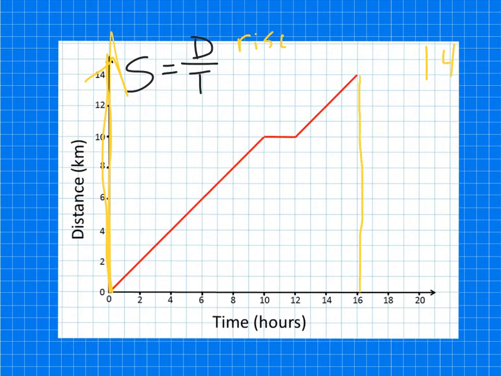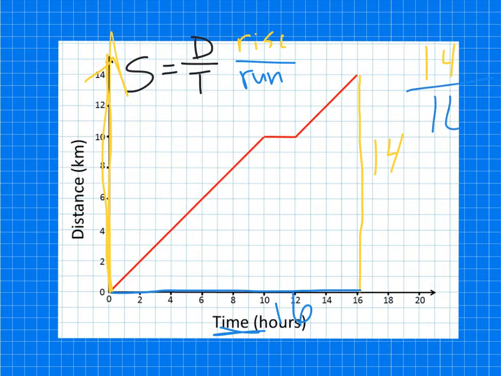And then in order to go from 0 to that 16, we had to run. So that time, the bottom, is your run. If you had a staircase, 14 over 16, you're making a slope. 14 over 16 is your slope, which simplifies to that 0.875.